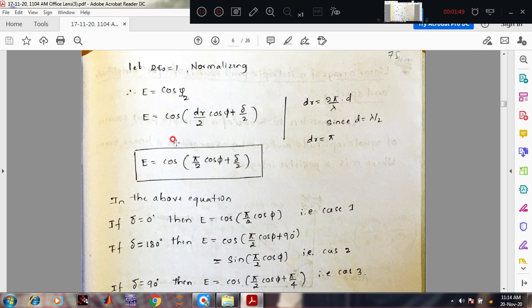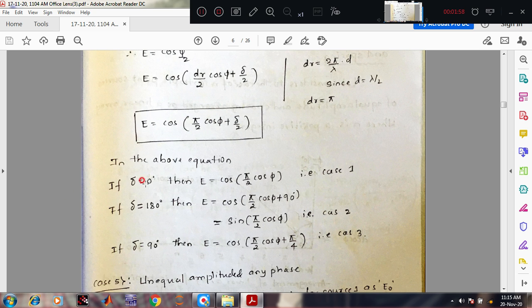This is a general equation wherein we have the phase difference between the 2 point sources as well, right? In the above equation, if I substitute the value of delta as 0, then E is equal to cos of pi by 2 cos phi.